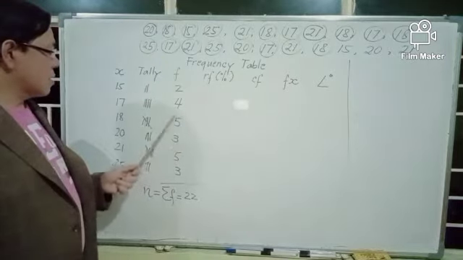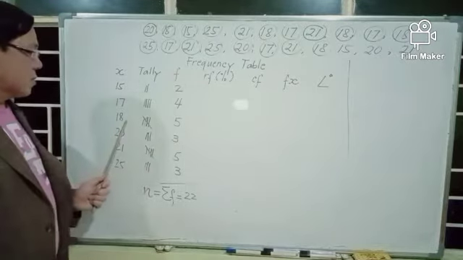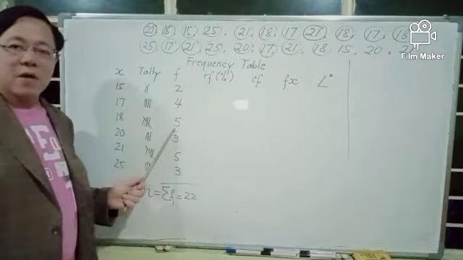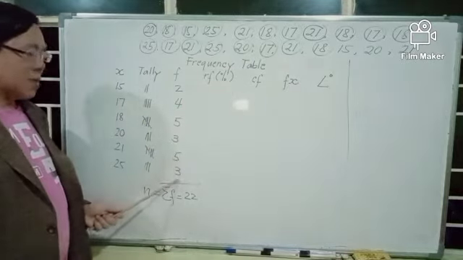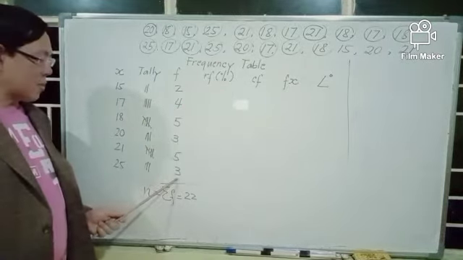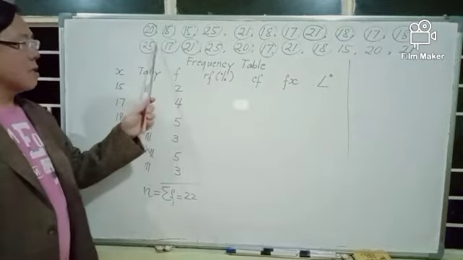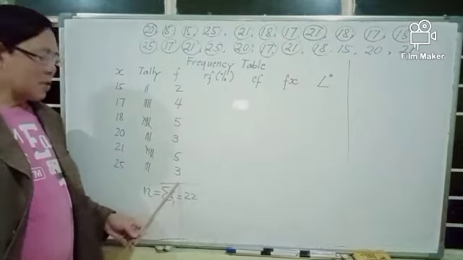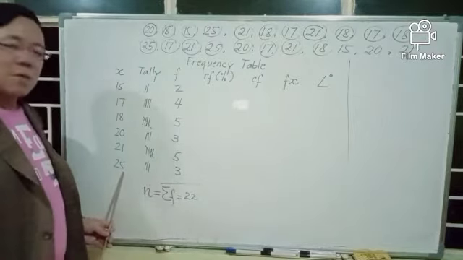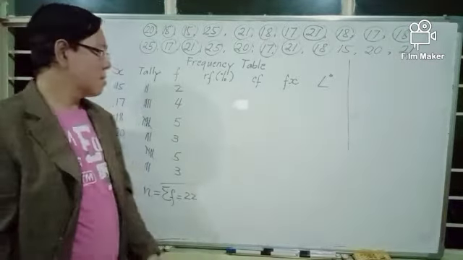For instance, this frequency of 5 means that the score 18 occurs 5 times in this set of data. The last frequency of 3 means that the score of 25 appears 3 times in the set of data. Or equivalently, 3 students have the perfect score of 25 in the class.